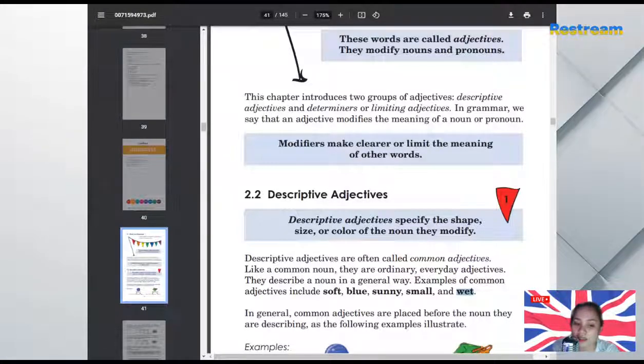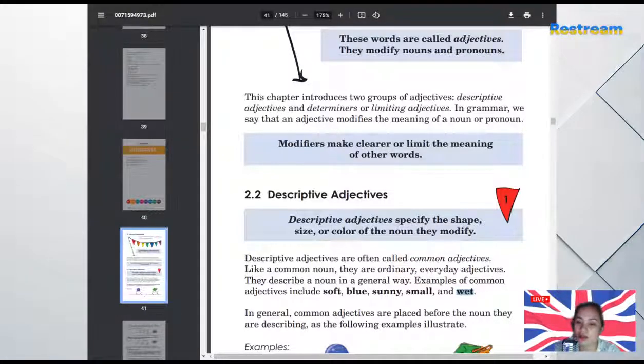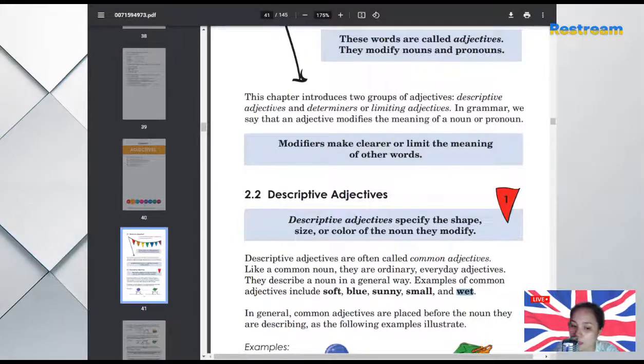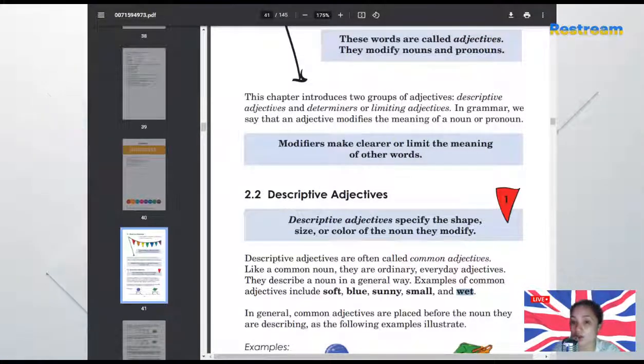The sky is blue. Today is sunny. The object is small. The floor is wet. Those are the things that we sometimes say in normal conversation and in normal sentences.